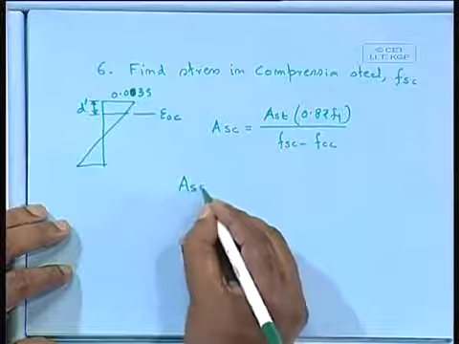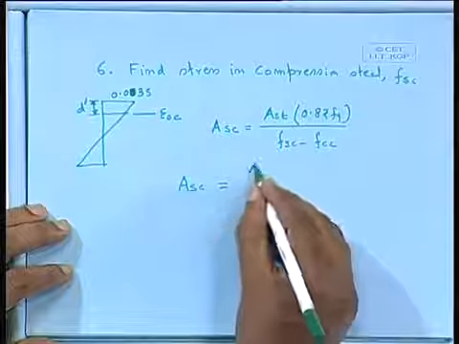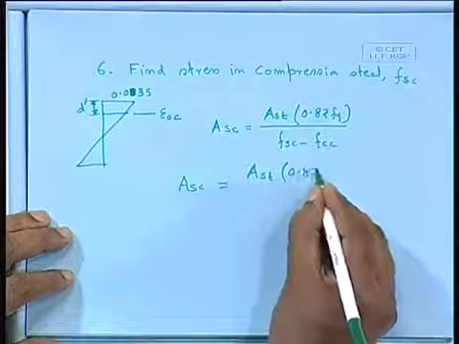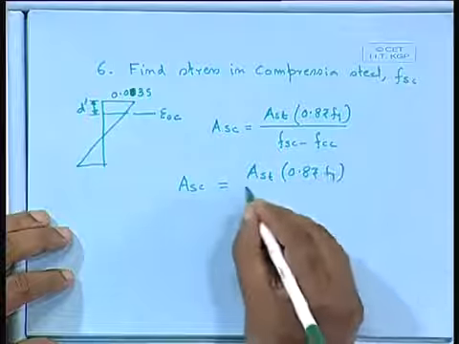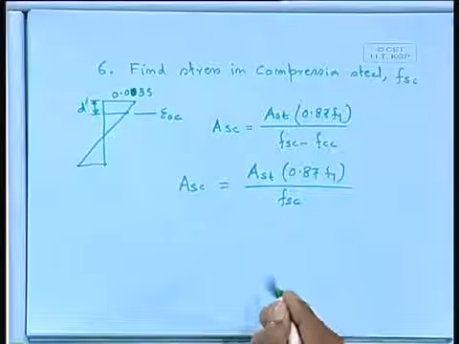In other way, our code says there is no need to take it, you can simply ignore this fcc. So Asc equals Ast2 times 0.87 fy divided by fsc. So we know Ast now, and we can get Asc also.